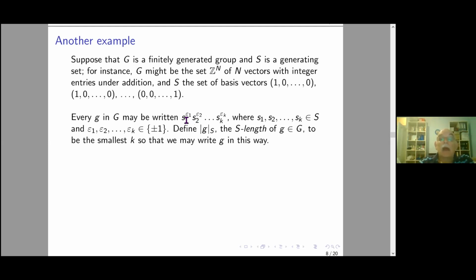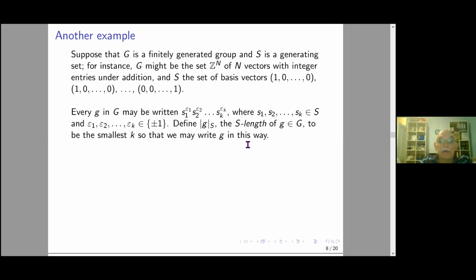And then when I've done all of these things, I've moved to total distance k. So this is a definition of a length in a group, and this is something that is of some interest in group theory. In fact, there's an area known as combinatorial group theory or geometric group theory in which one looks at groups in this way.